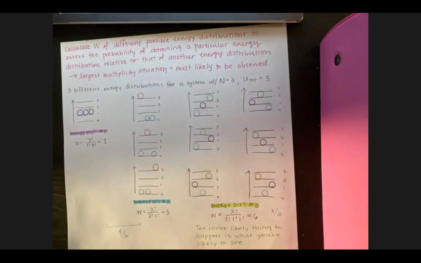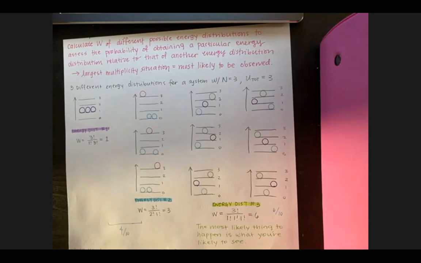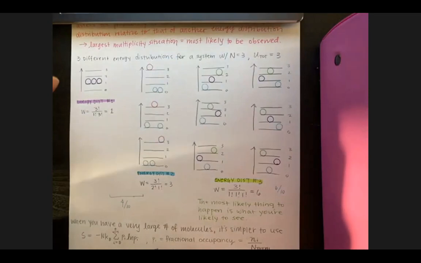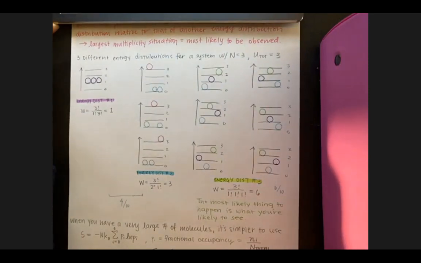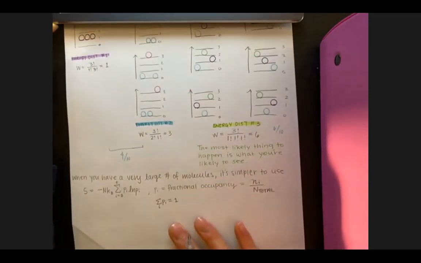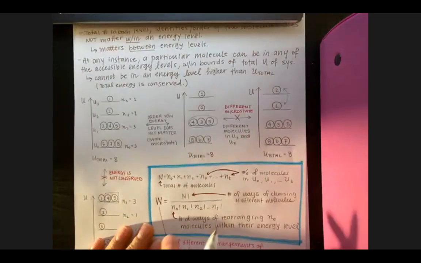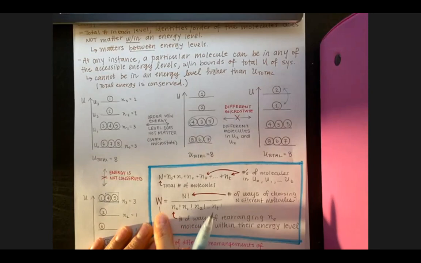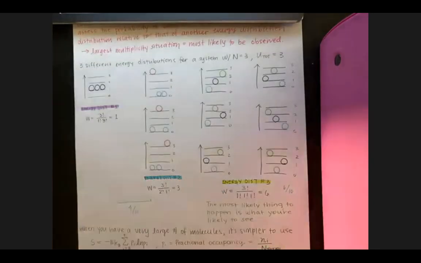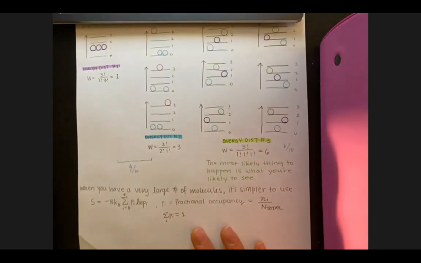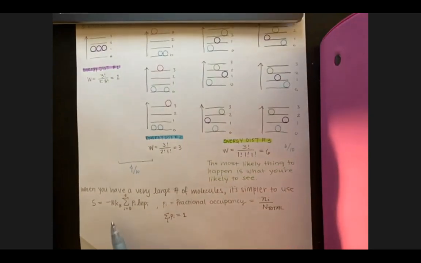But if you have many molecules and a lot of energy levels, you can see that this calculation for the multiplicity can get very tedious. And so if you take this equation from before and you apply Stirling's approximation, when you have a very large number of molecules, you get the probabilistic definition of entropy.